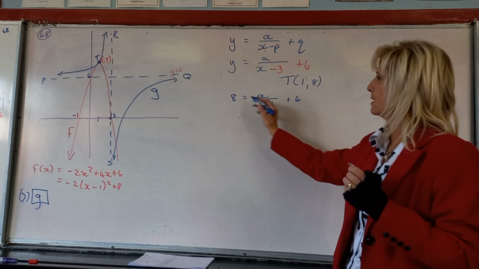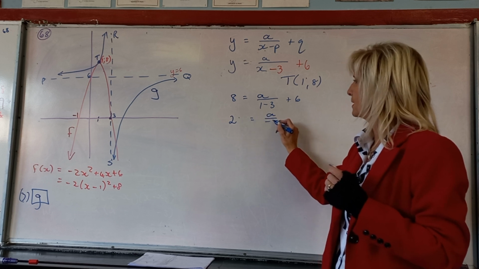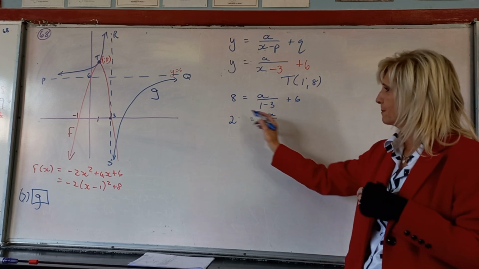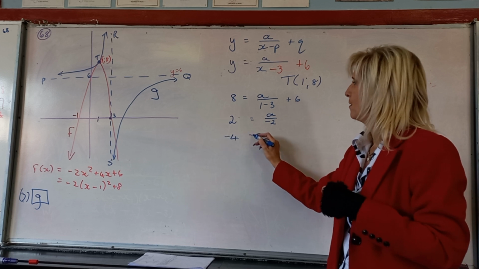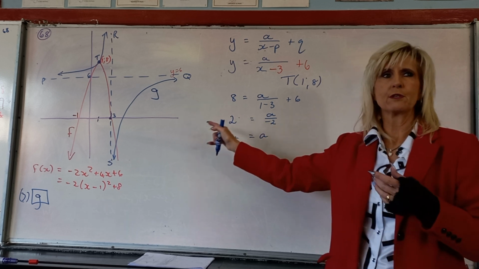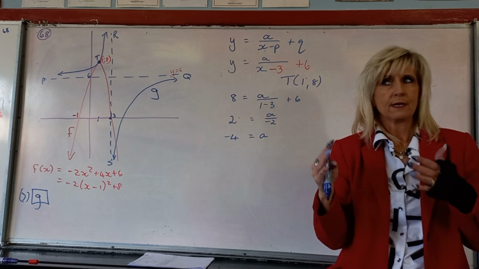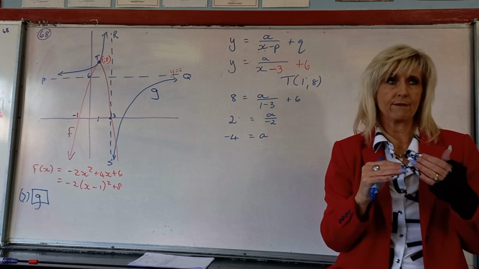So that 6 is going to become a minus 6, together with 8 gives me 2. A over minus 2 because I'm adding them, and then I'm multiplying and it gets to minus 4. Don't do silly stuff like times with a minus 2, but it becomes a plus because it goes over the equal sign. It's terrible if you still do that in grade 11.